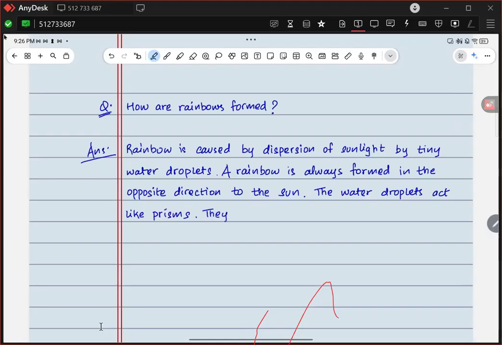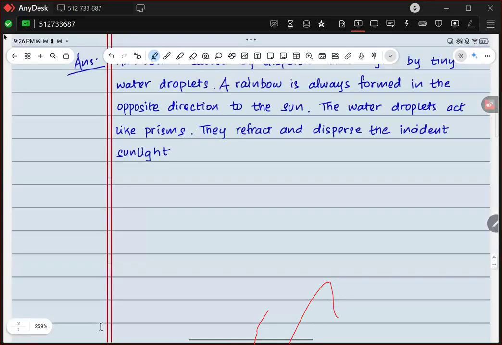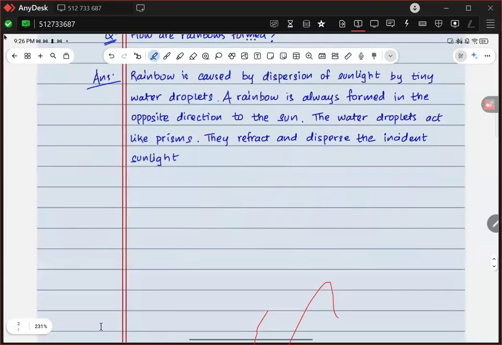They refract and disperse the incident sunlight, and then reflect it internally.